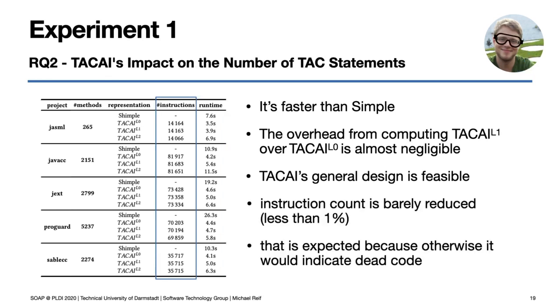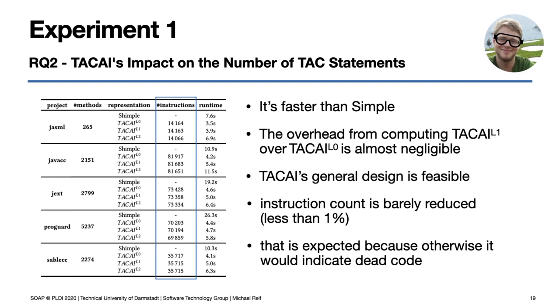But what about the number of instructions and three-address code statements? Now we know that it's quite fast, but as we can see, when we use a more precise domain, the instruction count is barely reduced for all the projects. So it's actually always less than 1% reduction in instruction counts.